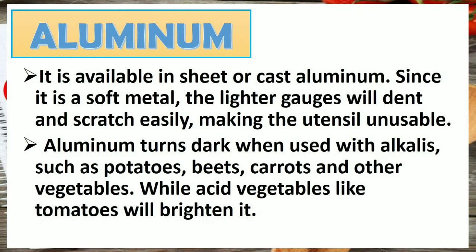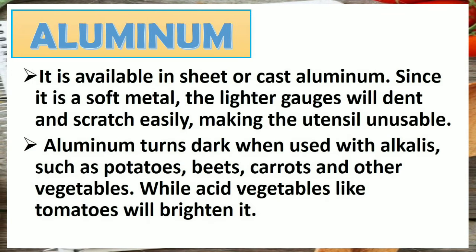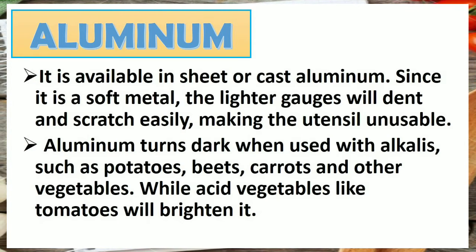Since it is a soft metal, the lighter gauges will dent and scratch easily, making the utensil unusable. Aluminum turns dark when used with alkalis, such as potatoes, beets, carrots, and other vegetables, while acid vegetables like tomatoes will brighten it.